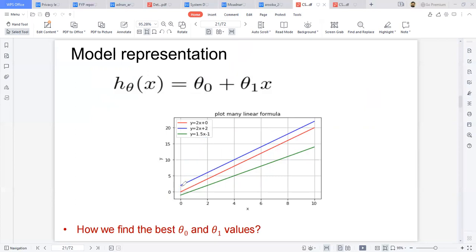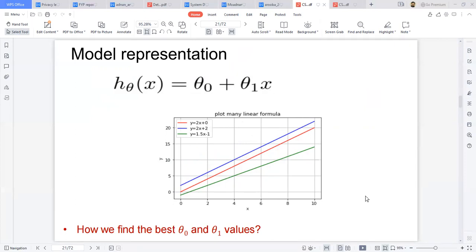For example, say the blue line is what we have got, and now we will change the slope. In this way we will finally get our line. So this is our result.